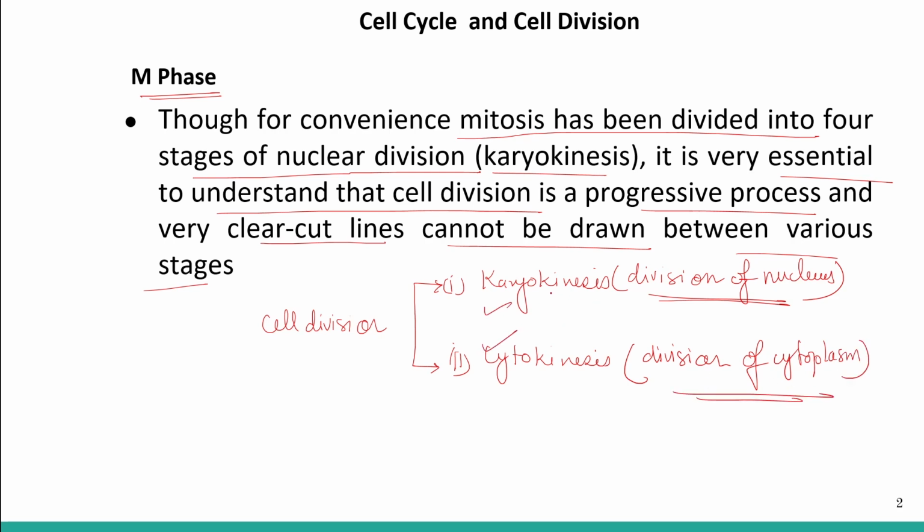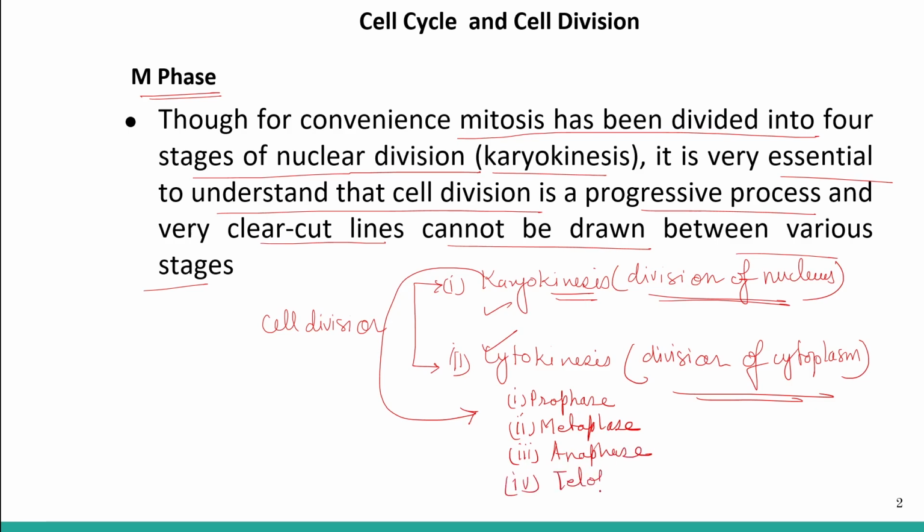Now this karyokinesis can again be divided into 4 different steps: prophase, metaphase, third anaphase, and fourth one is the telophase.